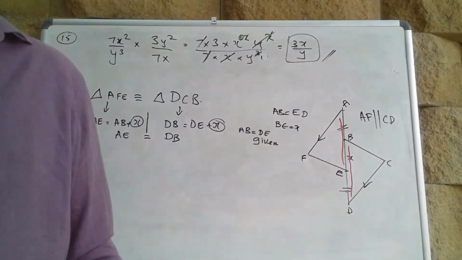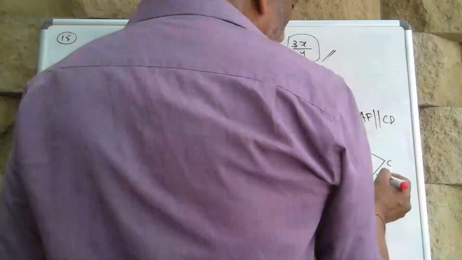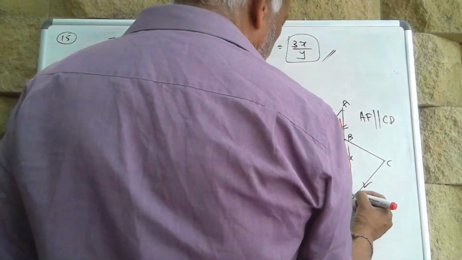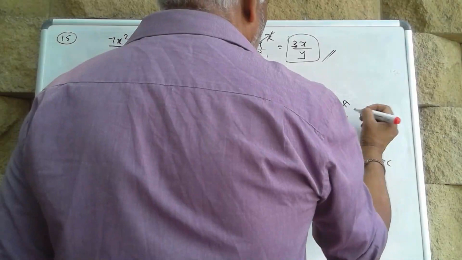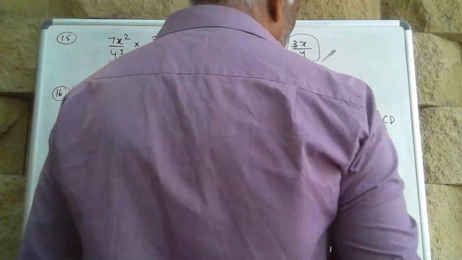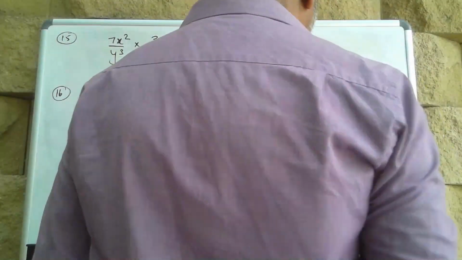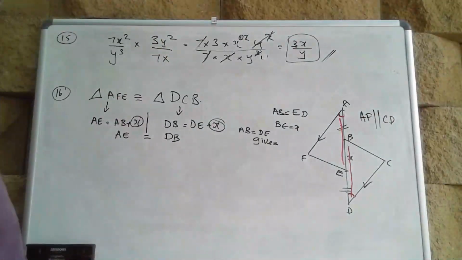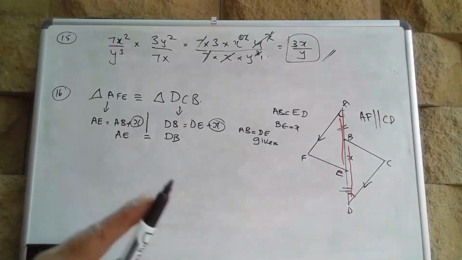Again, if you look at this, because this is parallel, therefore this angle is equal to that angle. Yes, so that's another rule. So that angle is equal to this angle.